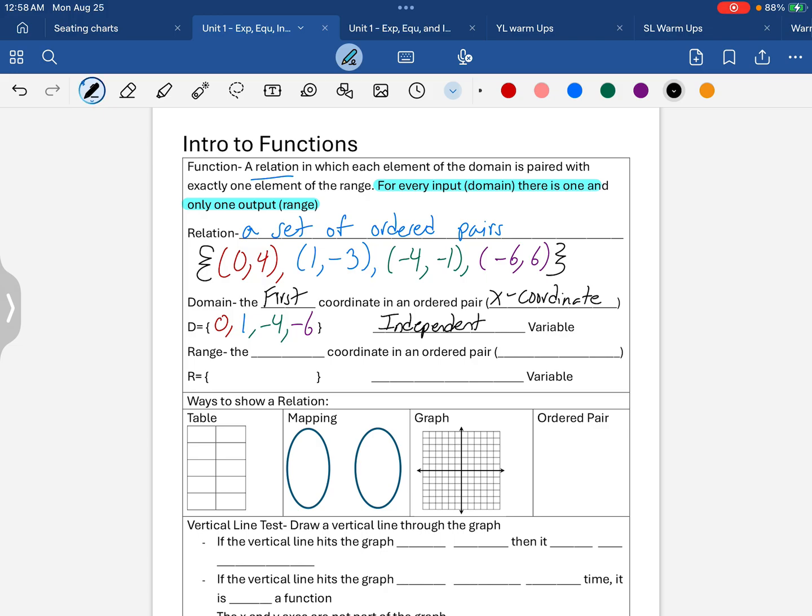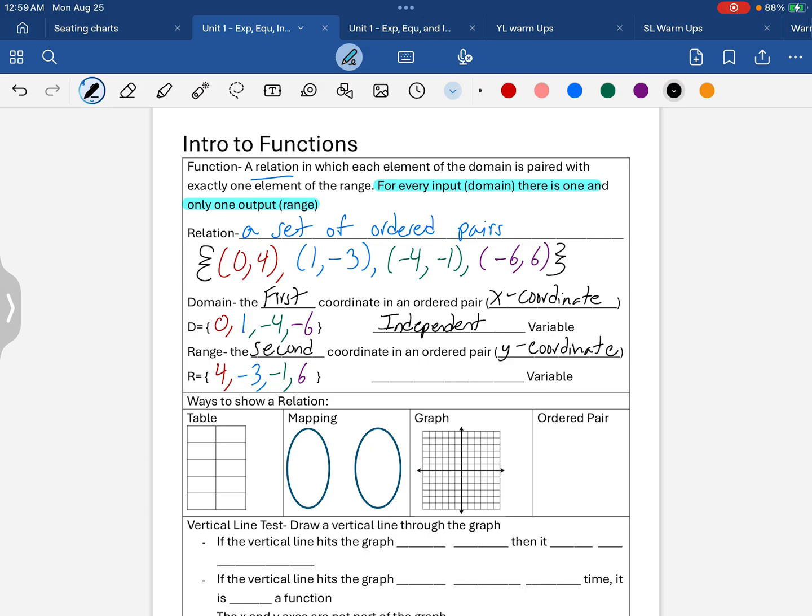So the range, if we keep going, is the second coordinate in an ordered pair, and so it is your y coordinate. So if we look at the ordered pairs that I just made up, our first y is 4, and then we have -3, and then we have -1, and then we have +6.